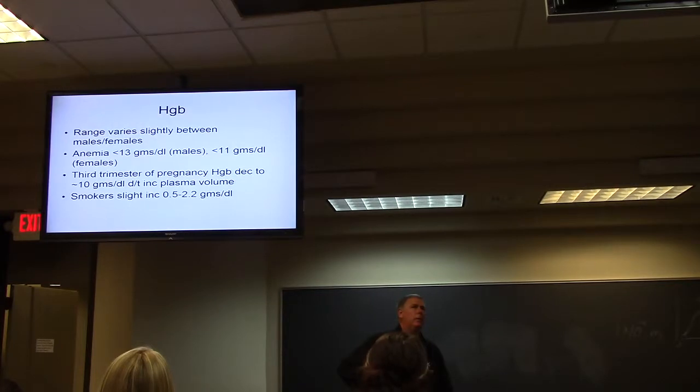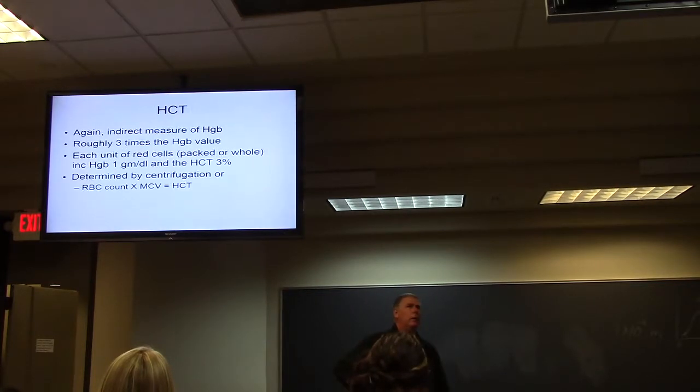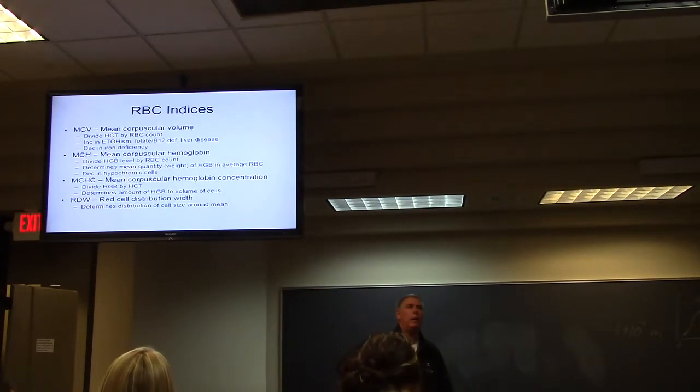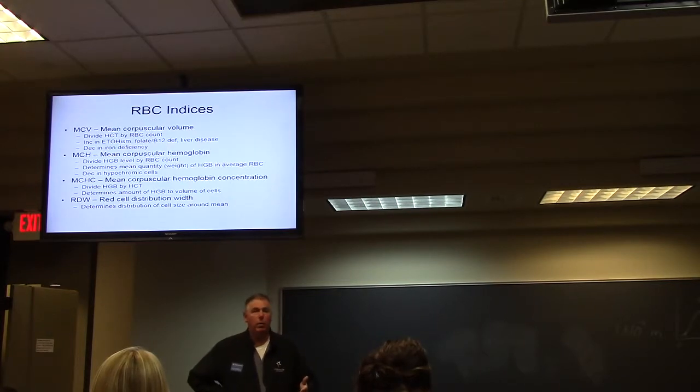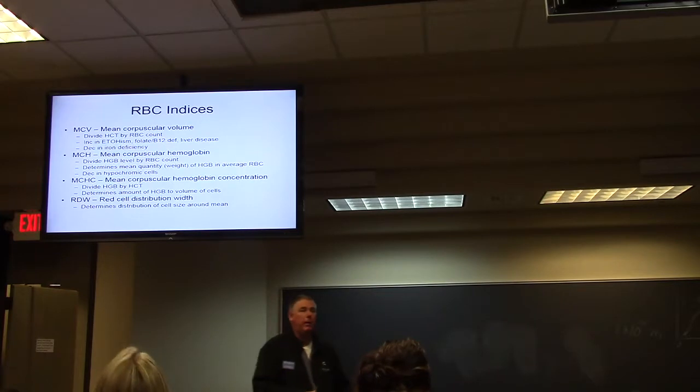Where's hemoglobin? Oh, okay. RBC indices. If you're going to diagnose anemia, this is where it's going to be, right here. The hemoglobin will tell you that anemia is there. The indices will tell you what type of anemia or what category of anemia you're dealing with.